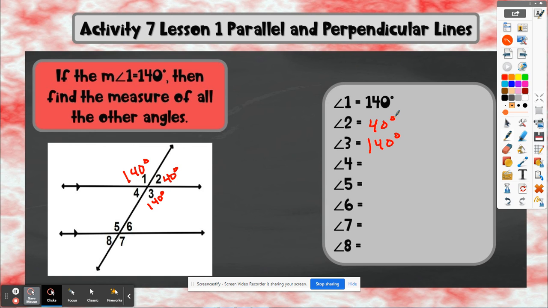And alternate exterior angles are the same. So angle 7 is 140. But let's talk about same side exterior. Okay, 1 and 8 are same side exterior. And what do they add up to be? 180. So angle 8 has to be 40.